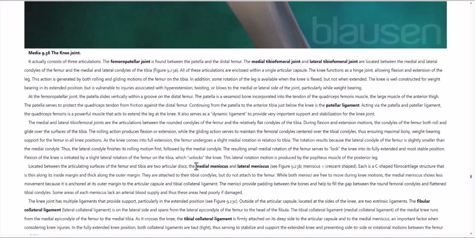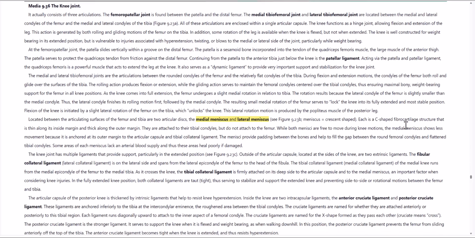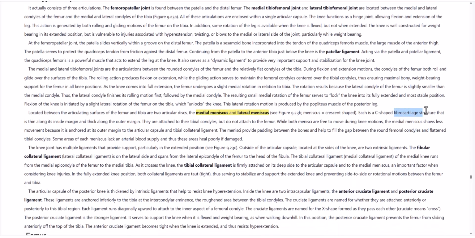But this is where we have those two significant pieces of fibrocartilage, the medial meniscus and the lateral meniscus. Again, those are fibrocartilaginous structures. And we have the coming together of the femur and the tibia.